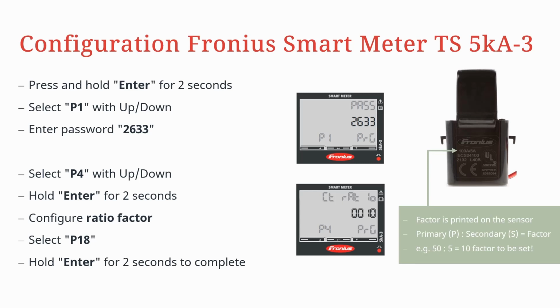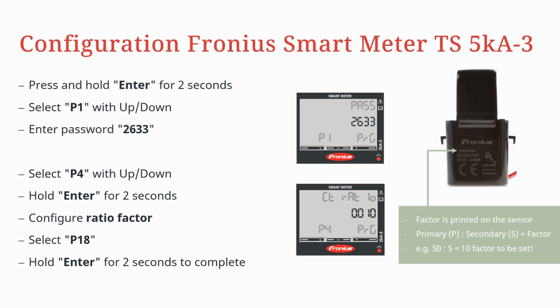So depending on which current transformer you choose, the transformation ratio is different. So let's start with the 5 kA TS variant. Here on the right you can see the display of the smart meter. So it has 3 buttons with which you can make the configurations. So to change the transmission ratio, we hold down the button in the middle for 2 seconds on the smart meter and select P1, which is normally automatically selected.